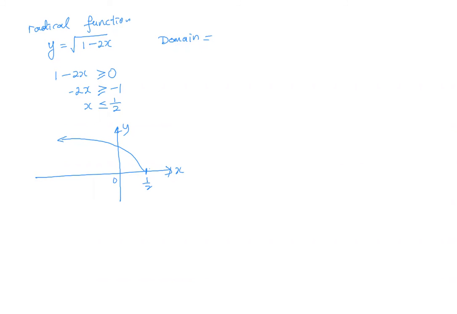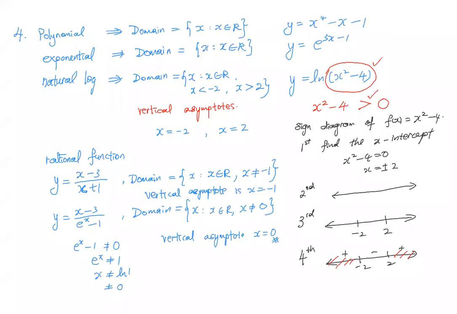So the domain will be x, x is a member of the real numbers, and x must be greater than or equal to that value. It can be equal to. For natural log, cannot. So you see how important it is? Are you clear?